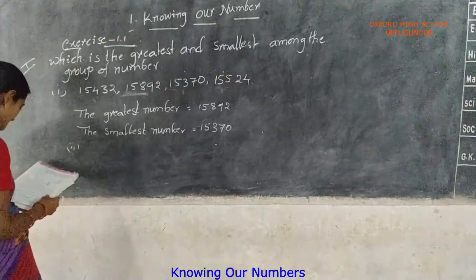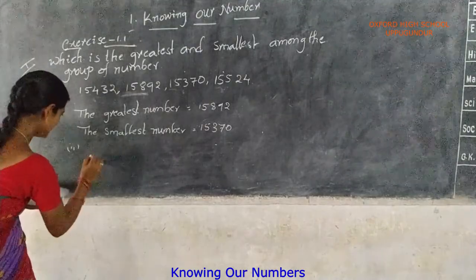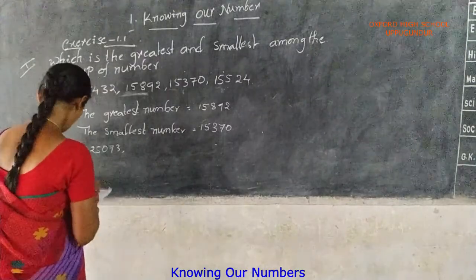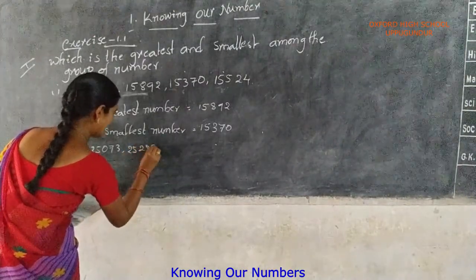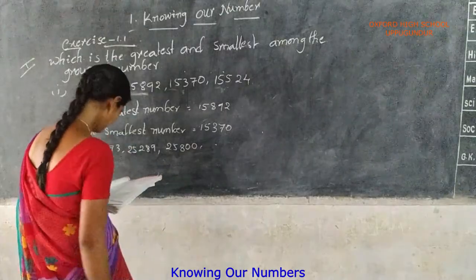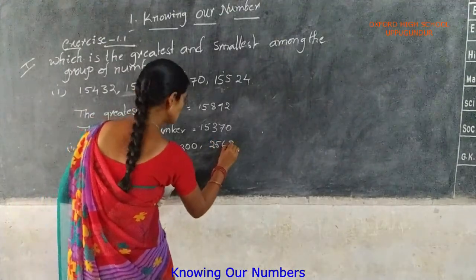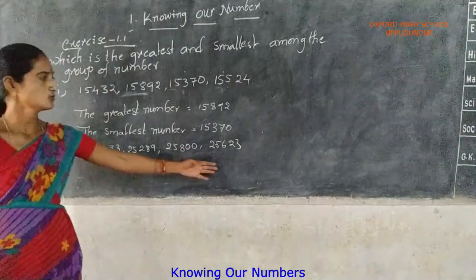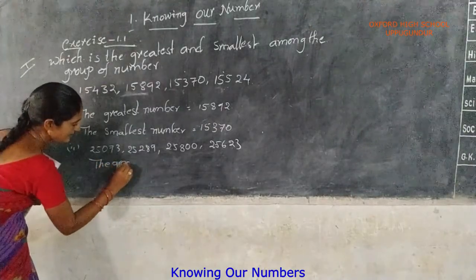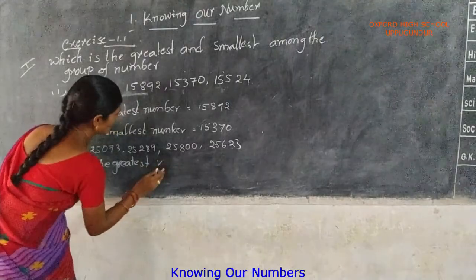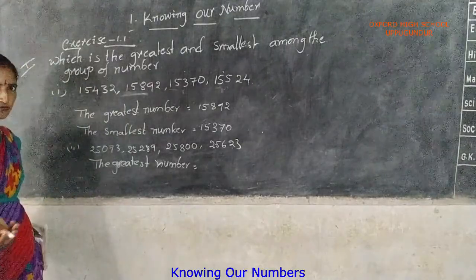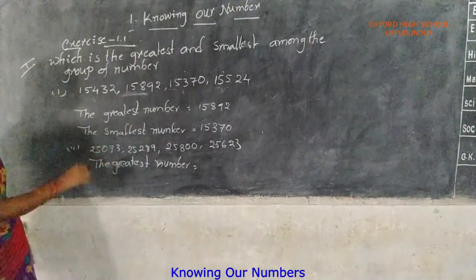The second group is 25,073, 25,289, 25,800, 25,623. These are the group of numbers. To find the greatest, first we have to find ones, tens, hundreds, thousands, 10,000s place.